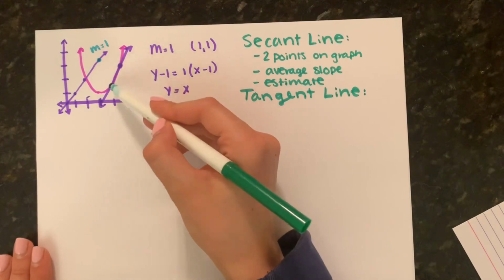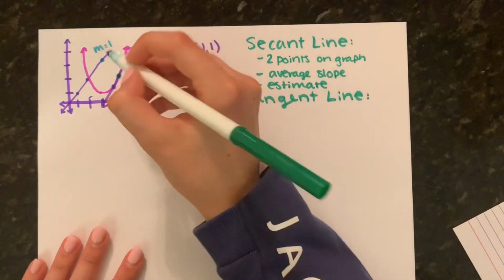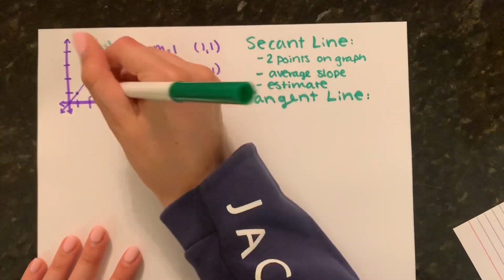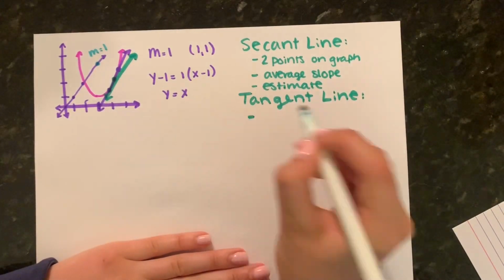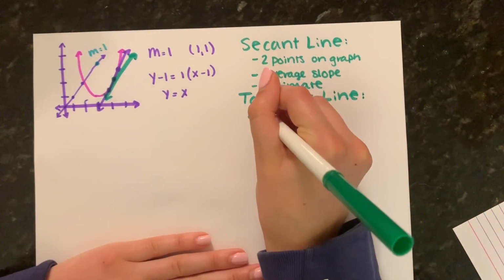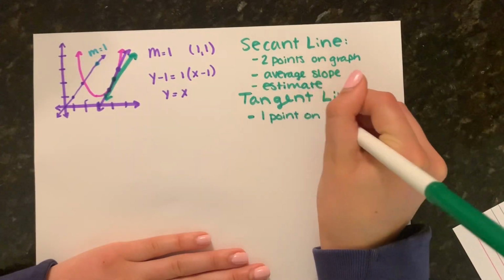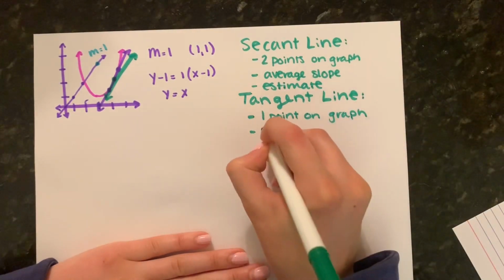Now, if we move those 2 secant line points infinitely close together, they almost become 1 point. That brings me to the definition of a tangent line. What you basically need to know is that a tangent line passes through 1 point on the graph, and the slope of that tangent line is also the slope of that graph at that 1 point.